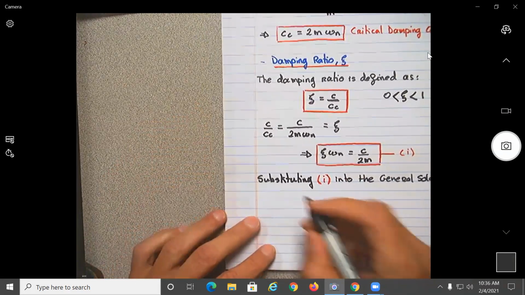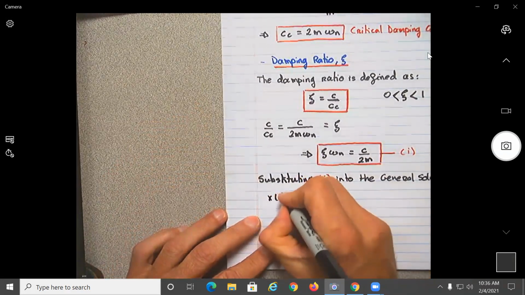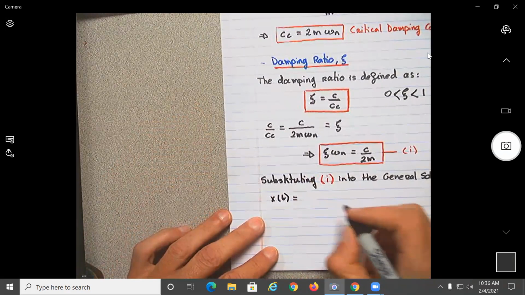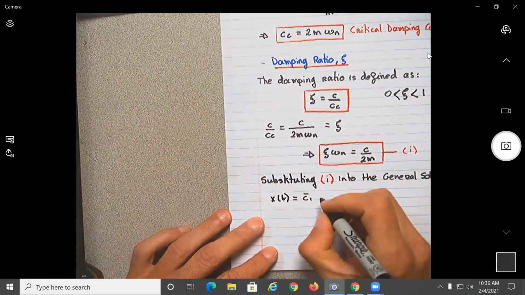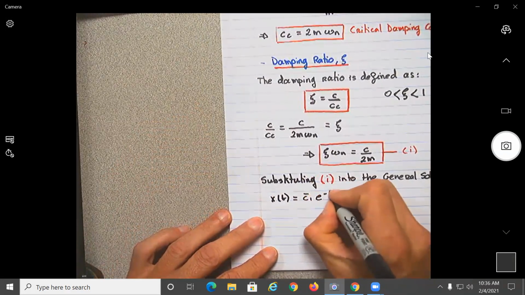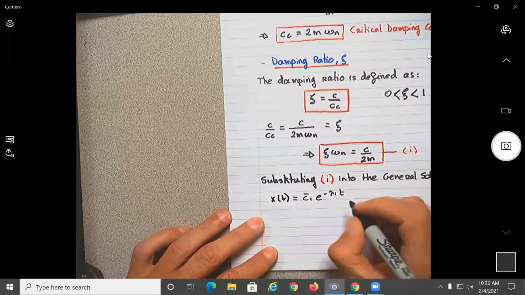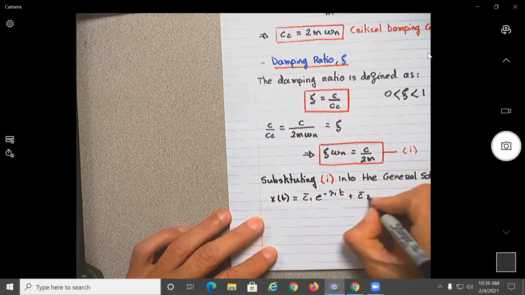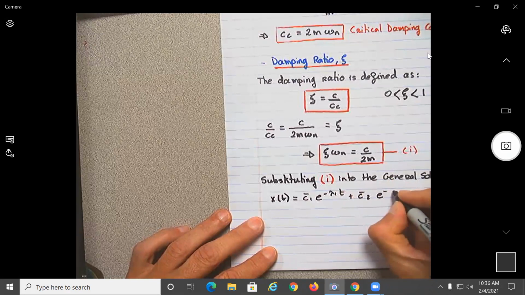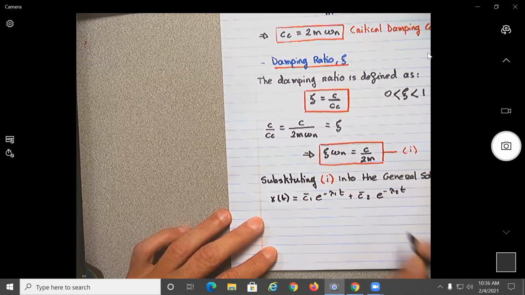So what do we have? x of t equal to C1 exponential of minus lambda 1t plus C2 exponential of minus lambda 2t.